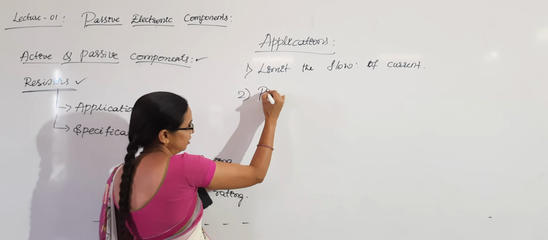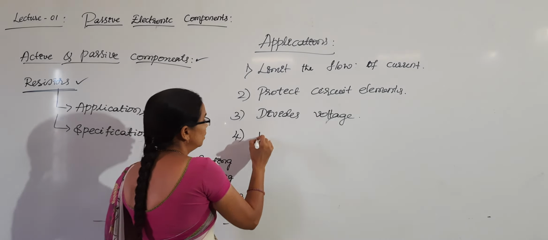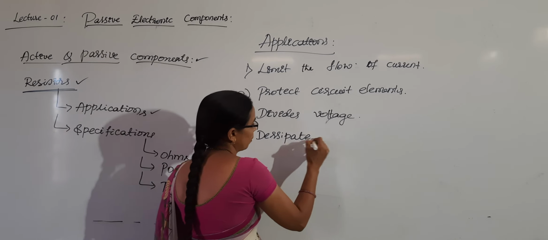By limiting the current, the resistor can protect circuit elements, and it can also help us in dividing the voltage. It acts as a voltage divider. In voltage divider circuits, we use resistors. And the last one, it can dissipate energy.